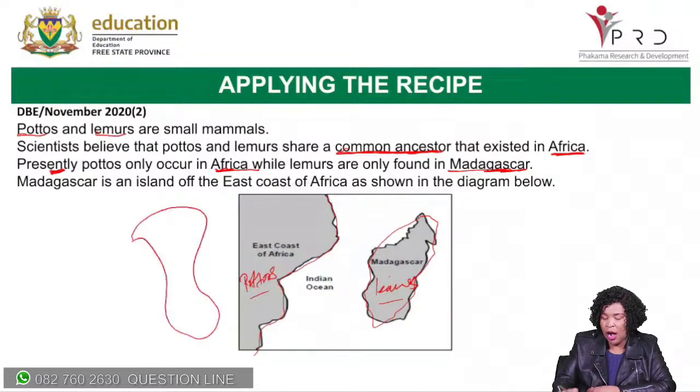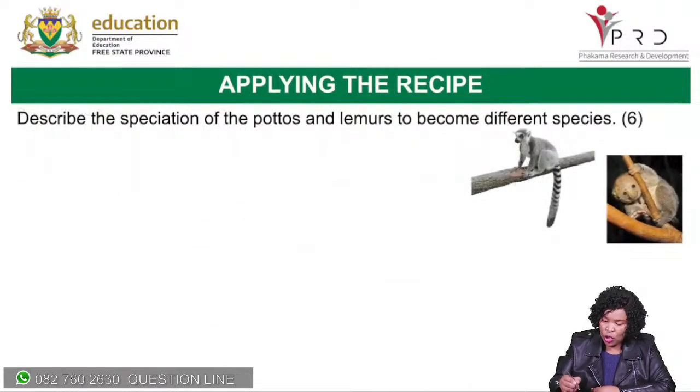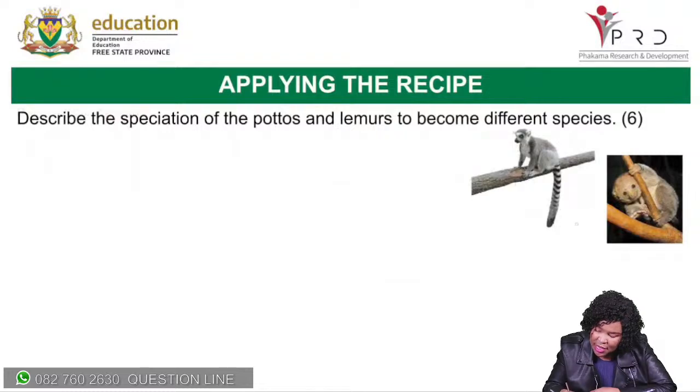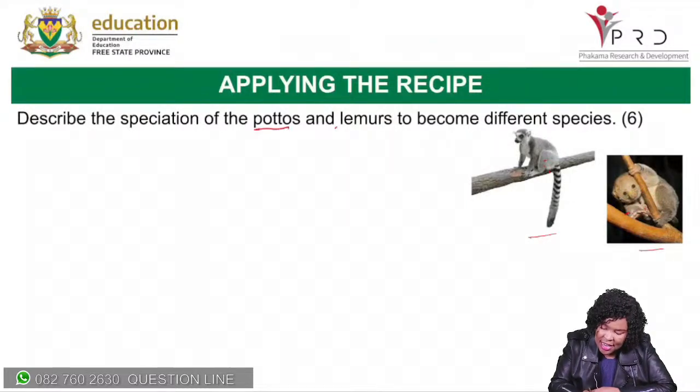So let us check how to apply the recipe now. These are the diagrams of the potos and the lemurs. This is a poto, this is a lemur. You can see they are almost similar. They live on trees, but they are not the same species. So we want to know, how did the potos and the lemurs become different species?